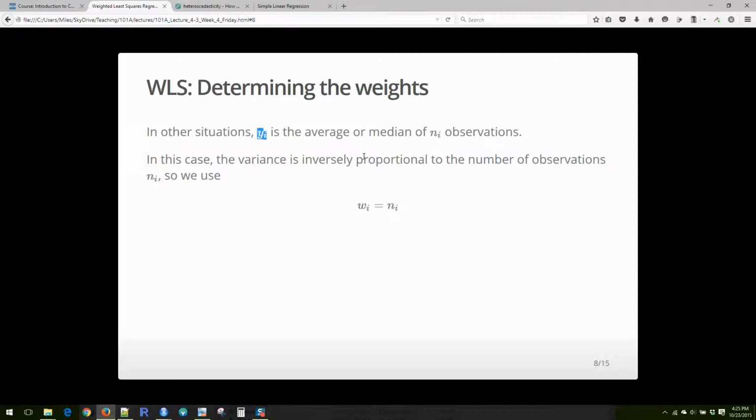But we have lots of people at certain areas where we surveyed 30 professors with this many years of experience, and we surveyed only 17 professors with this many years of experience. And so in that case, we want to give more weight to the ones where we have more information, okay? And so we say the weight is the number of observations used to get that kind of summary statistic.